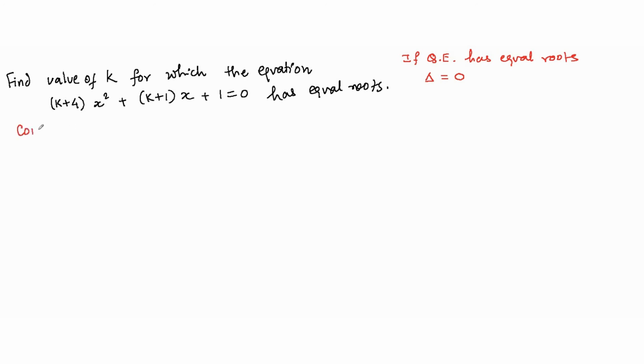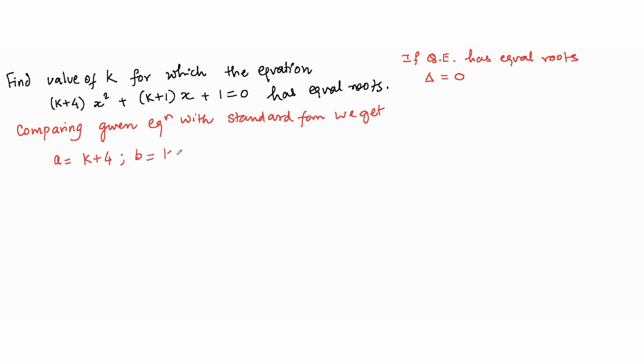So comparing the given equation with the standard form, we get: A is the coefficient of x square, which is k plus 4, B is the coefficient of x, which is k plus 1, and C is the constant, which is equal to 1.